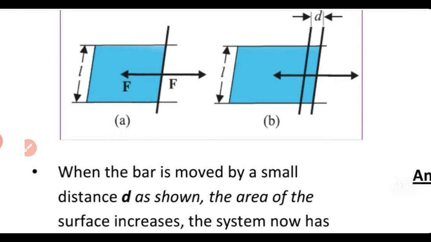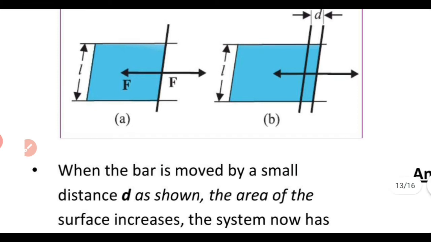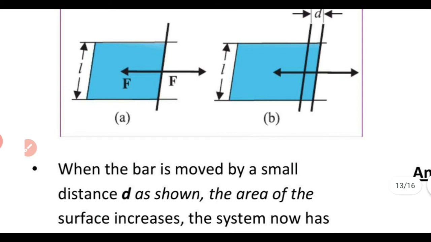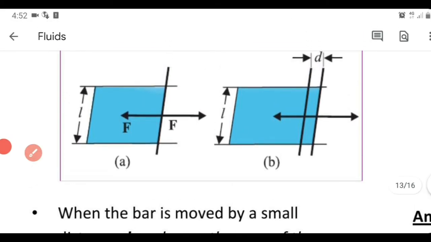When the movable side is moved through a distance d, the liquid surface area increases. The increase in area on one surface is d into L, because it is rectangular: this side is L and this side is d.